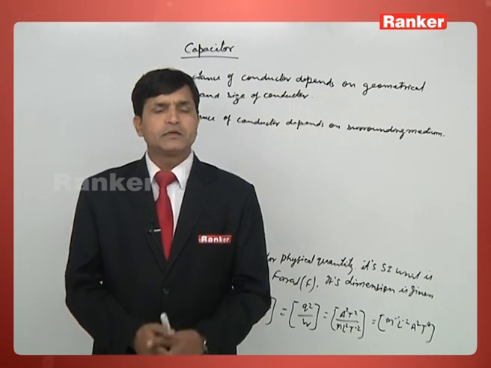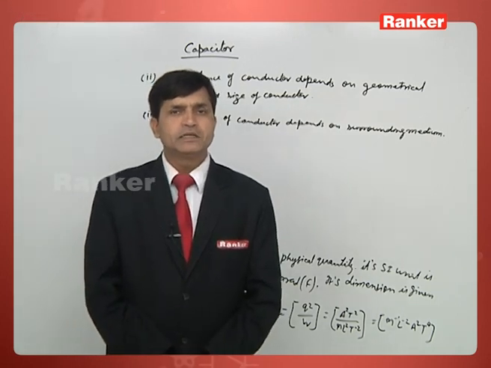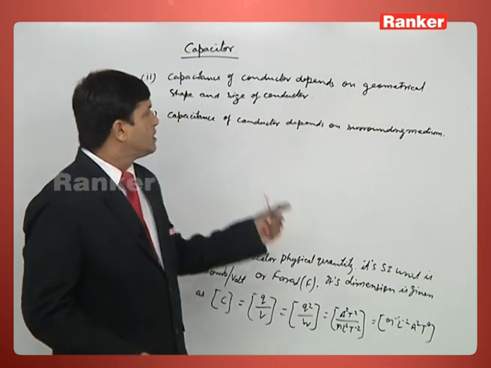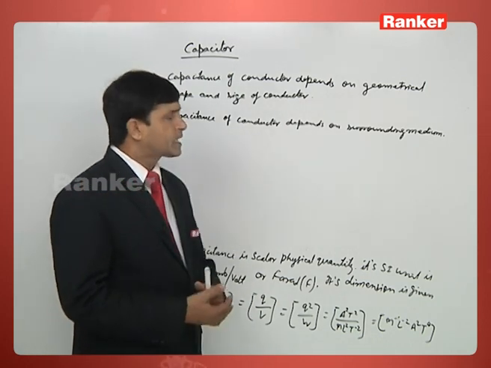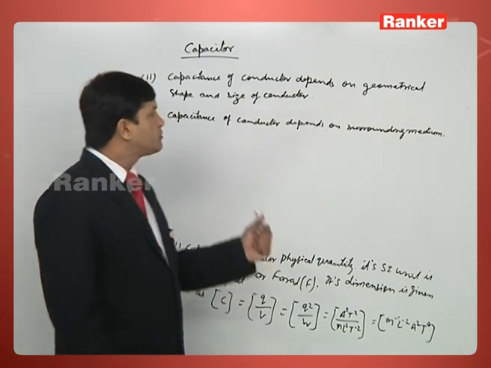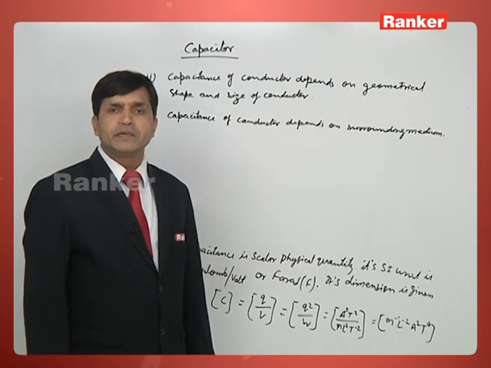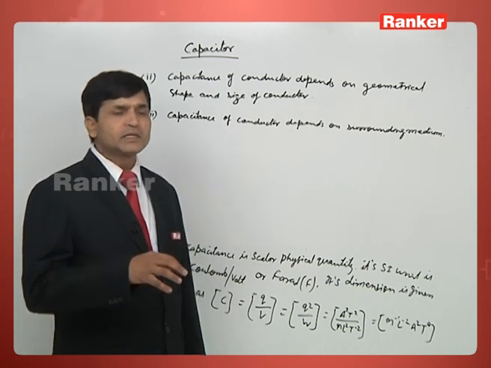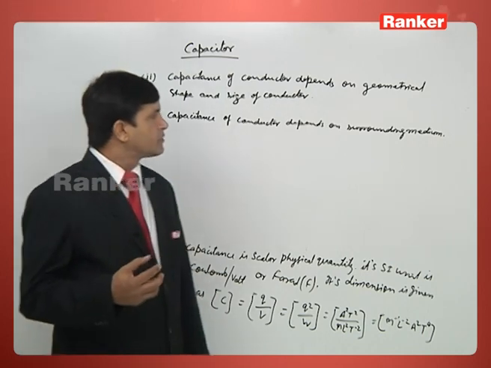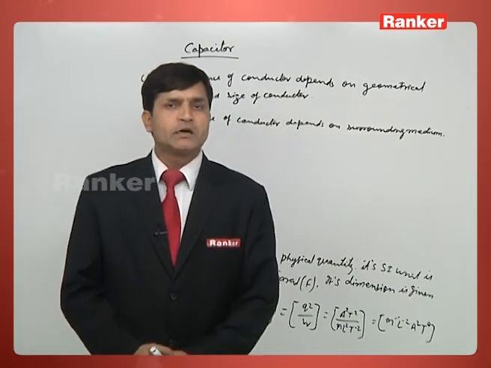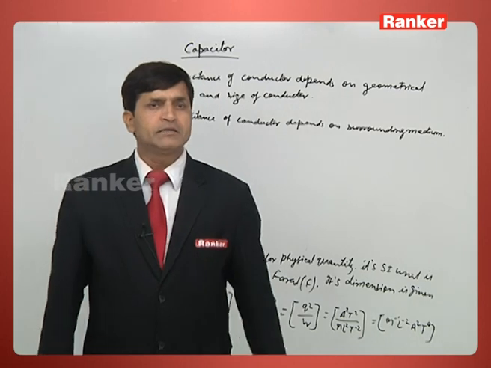So it depends on which type of medium we have. For a medium which ionizes earlier, the capacity of that conductor will be less, and for a medium which cannot ionize even if we supply much more charge or electric field, we can put much more charge on a conductor, so our capacity will increase.